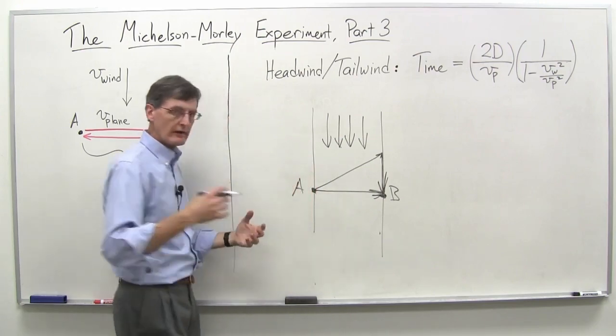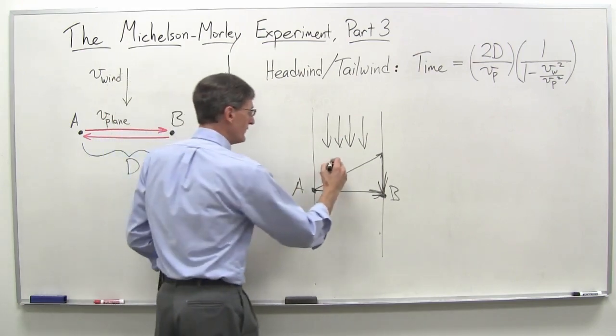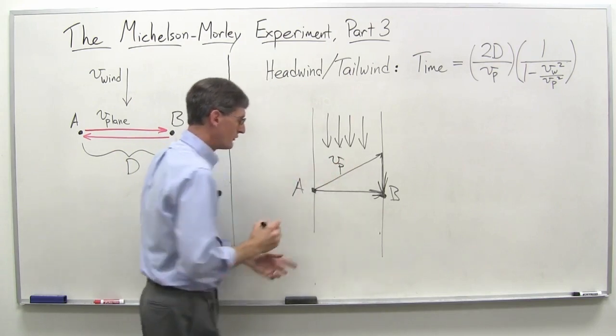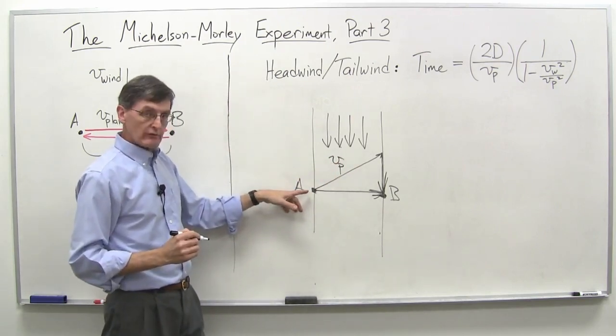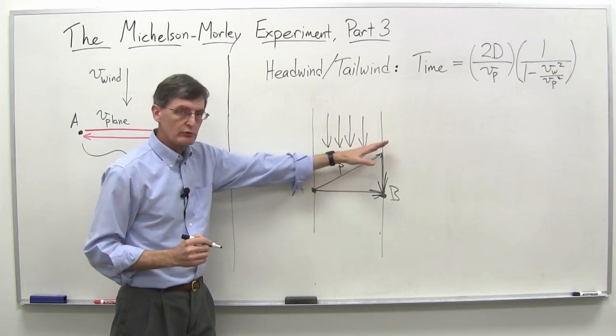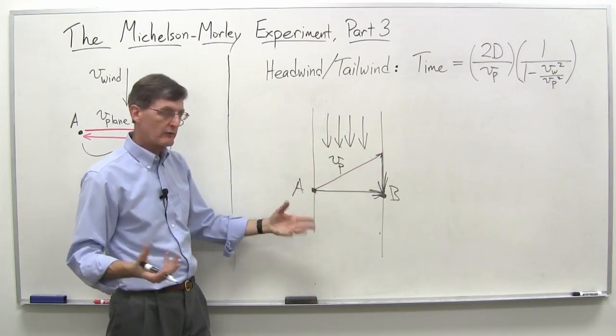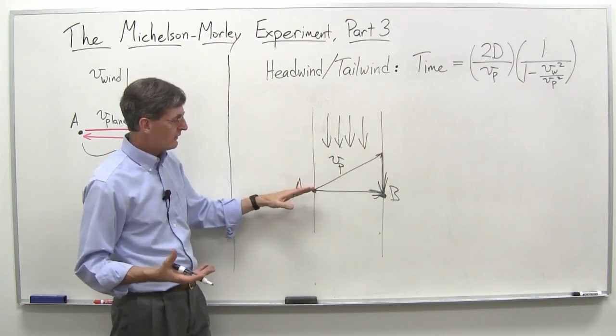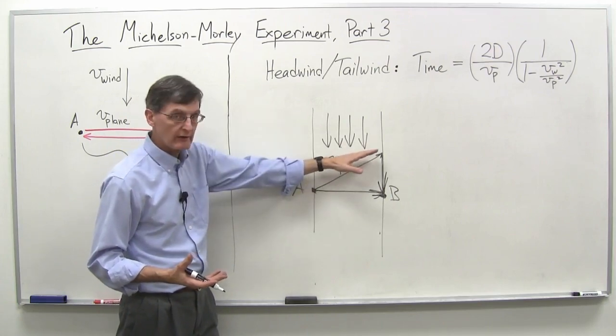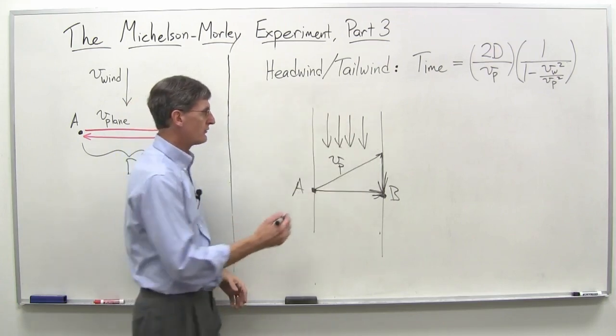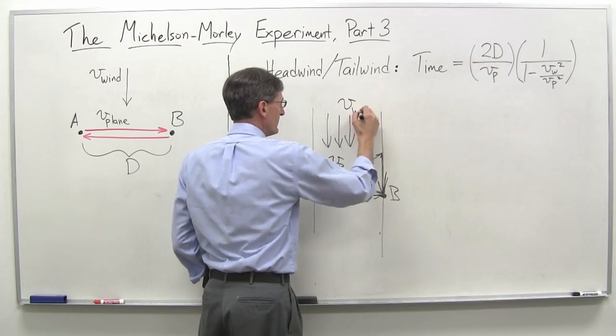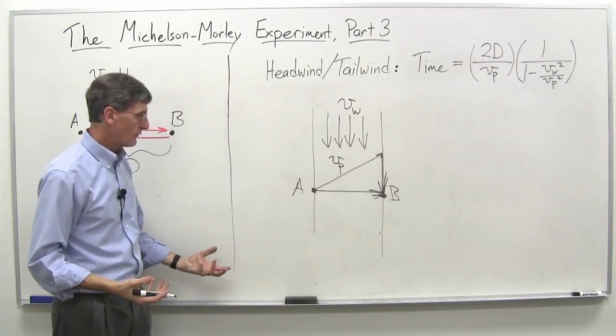Well, it's flying through the air at velocity v sub p. So that's the actual velocity of the plane through the wind, or if you want the swimmer, maybe we're swimming, the velocity of us through the water. And then the current is v sub w, in our plane example, the velocity of the wind.